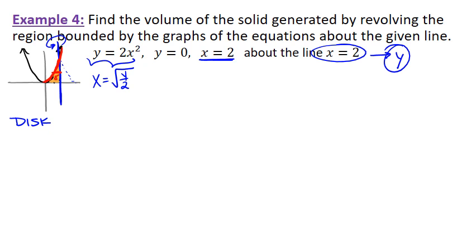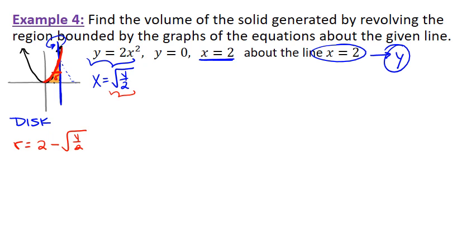So this is the radius. If I take my radius, I'm going to do right minus left here. So the right function, that's 2, minus the left function, which is the curve, the square root of y over 2. So that is my radius.